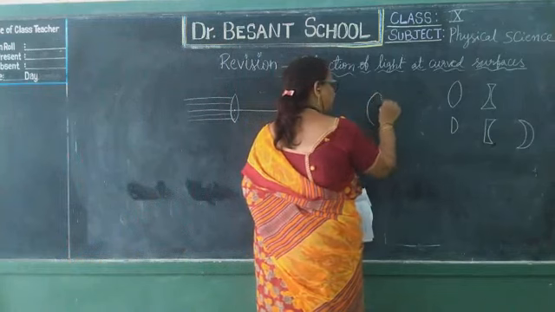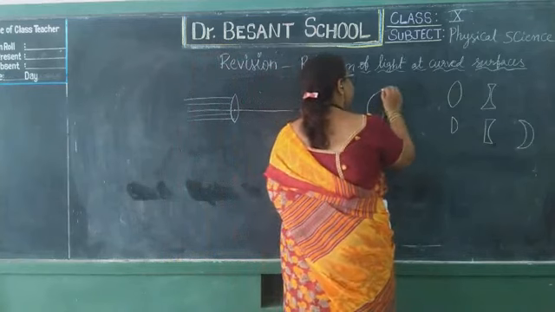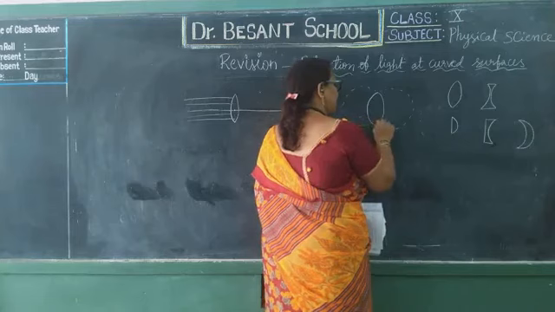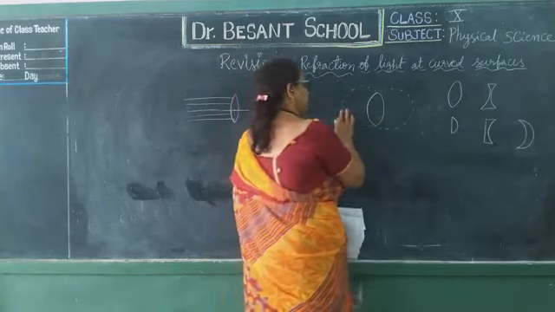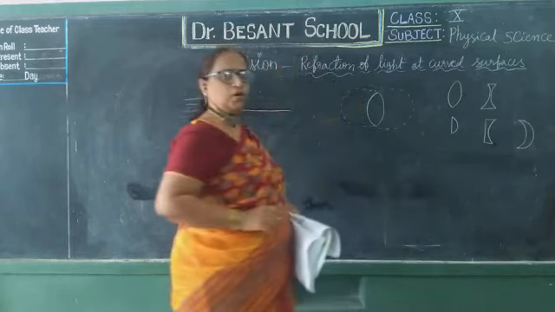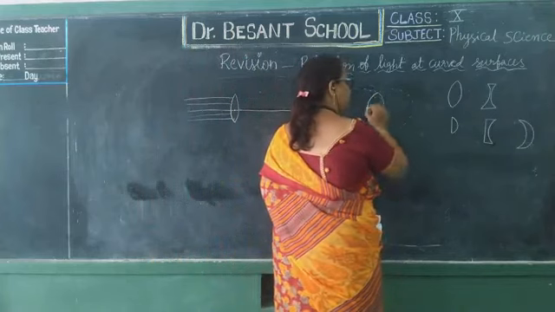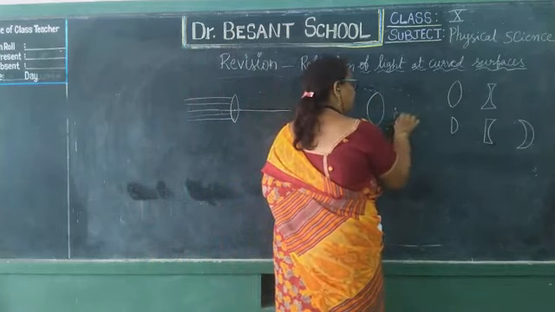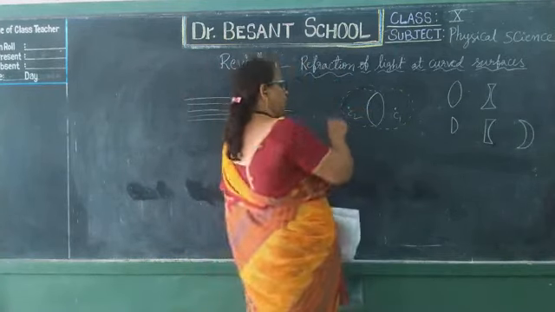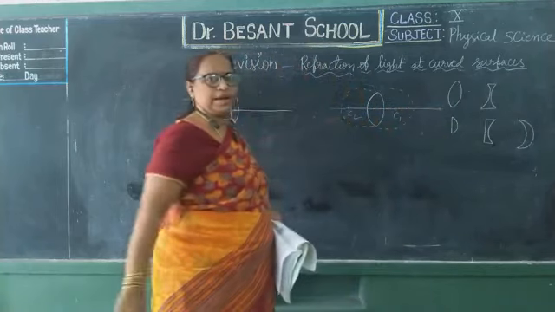If we consider a convex lens, it has two curved surfaces. Each curved surface is part of a sphere. The two curved surfaces are parts of two different spheres. So this is the first curved surface and sphere. So its center of curvature is C1 and here will be C2. And the line joining C1 and C2 is the principal axis.